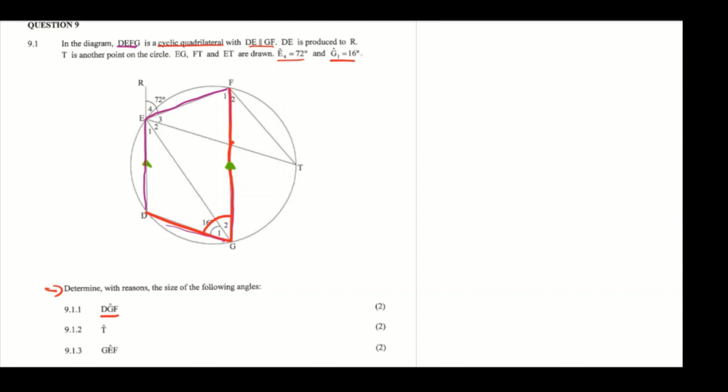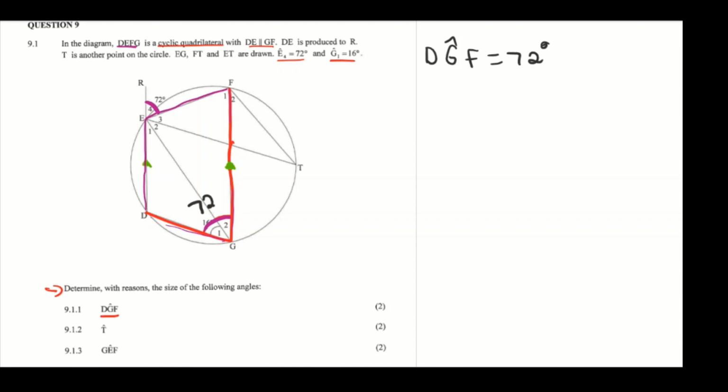So now we're having a cyclic chord and we're having an exterior angle of 72 degrees, which is this one here, right? And this angle here is equal to the opposite interior angle. Remember that? So that's exactly how we're going to find the angle. So we are done basically. So what you're going to say is, DGF is equal to 72 degrees, as I said.